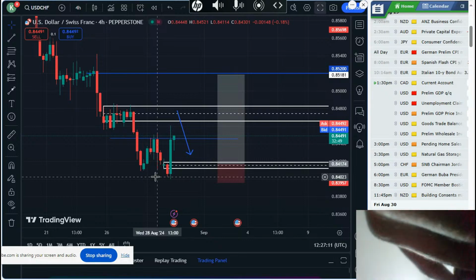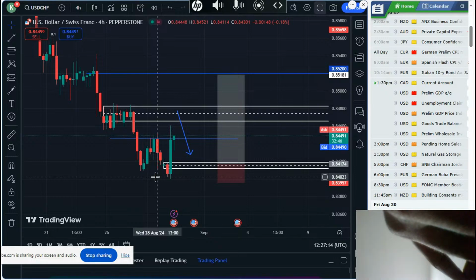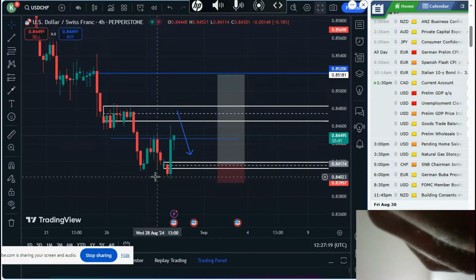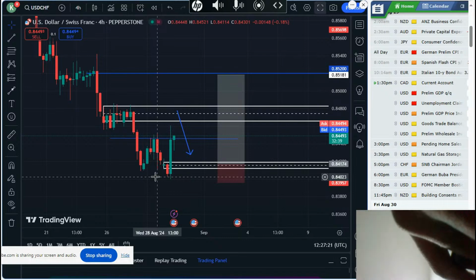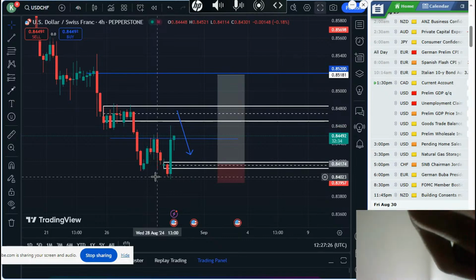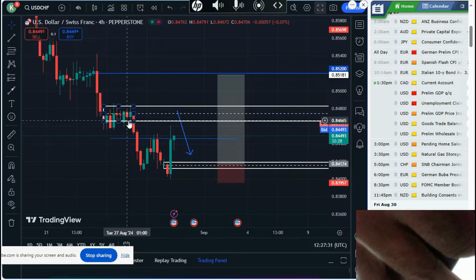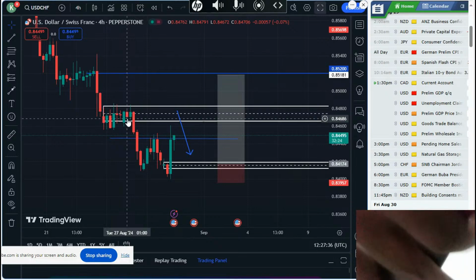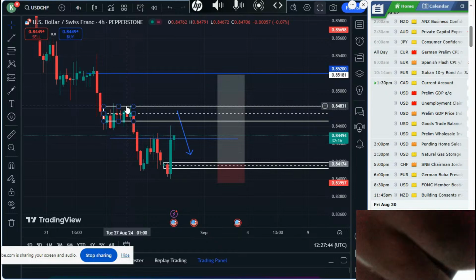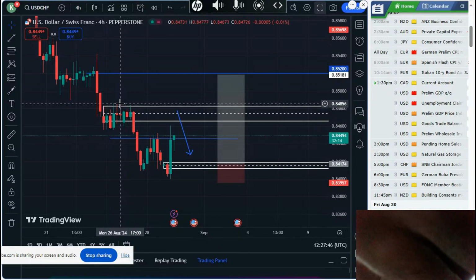Already the gold is showing signs of rejection. My eyes are on the USD Swiss franc sell limits. We have 3 minutes to go. Stop playing, guys. Let's go. USD Swiss franc sell limit, I repeat again: your sell limit at 0.84682, stop loss at 0.84862.